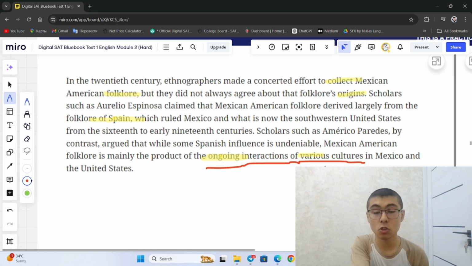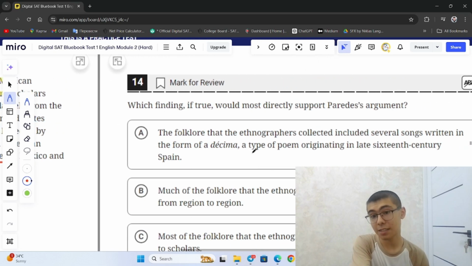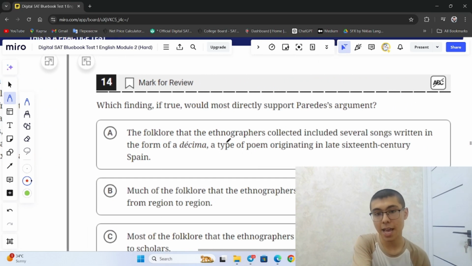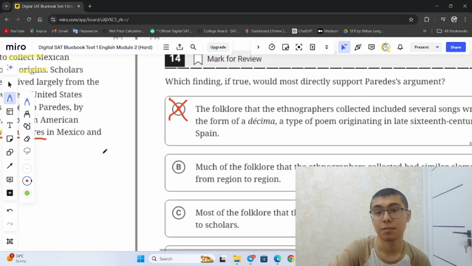Okay, so let's have a look at the choices. A: the folklore that the ethnographers collected included several songs written in the form of a decima, a type of poem originating in late 16th century Spain. No. It's not supporting it. It's not telling that there's an ongoing interaction of various cultures.